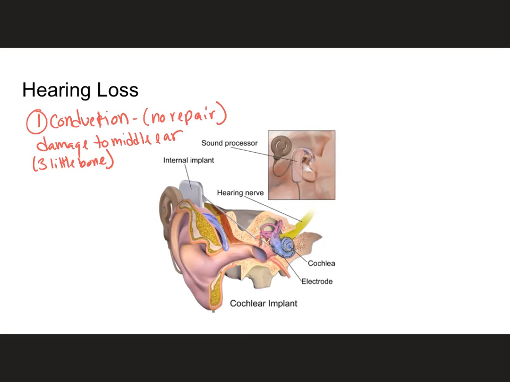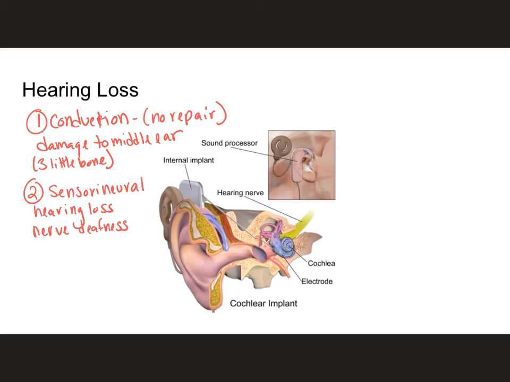The second is what we call sensory neural hearing loss, and this actually can be corrected. This is what we call nerve deafness. So you did something or there was some birth defect where the nerve doesn't function properly.